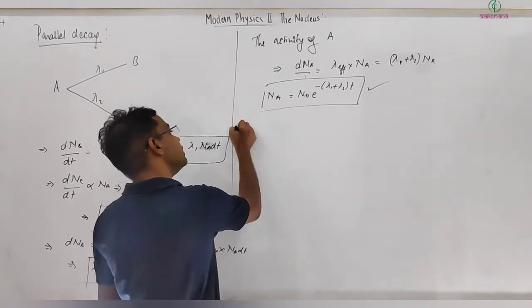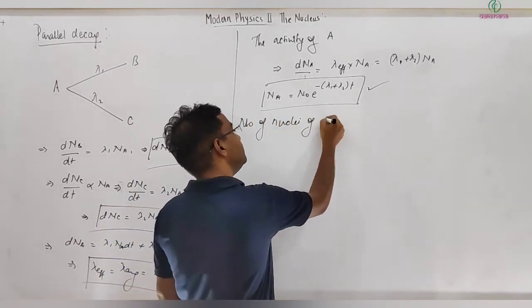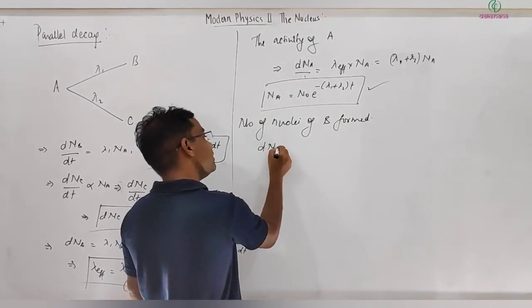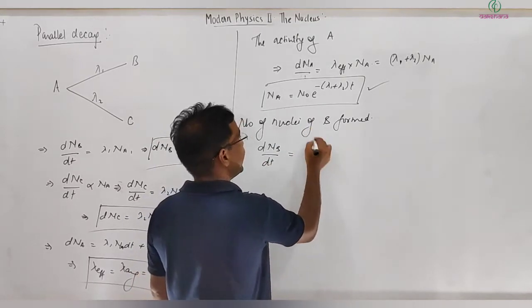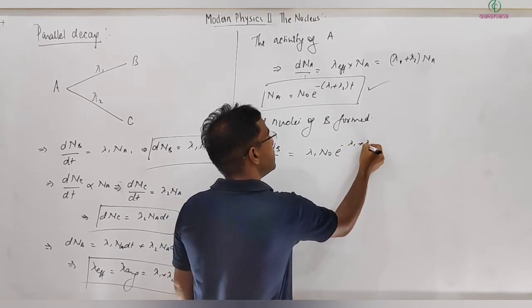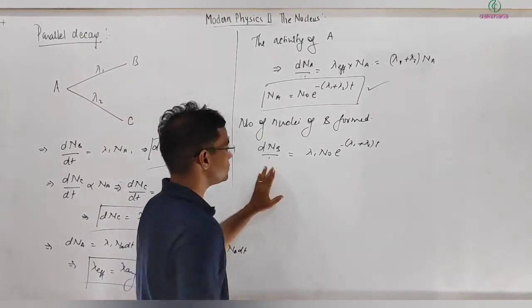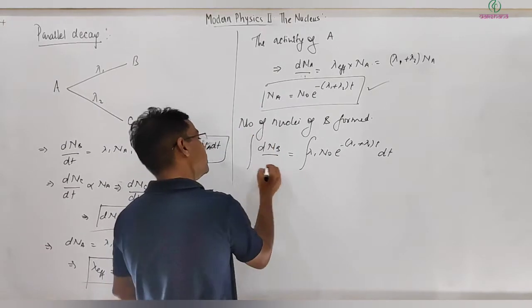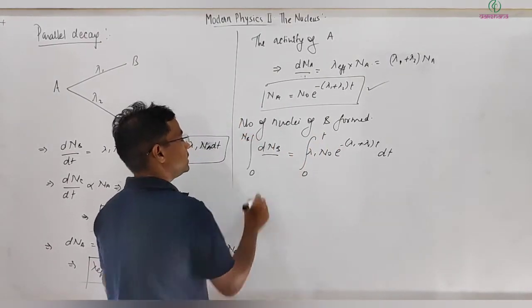So the number of nuclei of B formed can be written as dNB/dt is equal to lambda 1 into Na, and Na is equal to N naught e raised to power minus lambda 1 plus lambda 2 into t. Dt can be multiplied there. Now I can integrate it from 0 to t, and 0 to NB at time t.